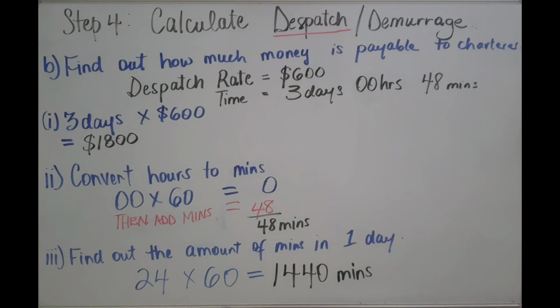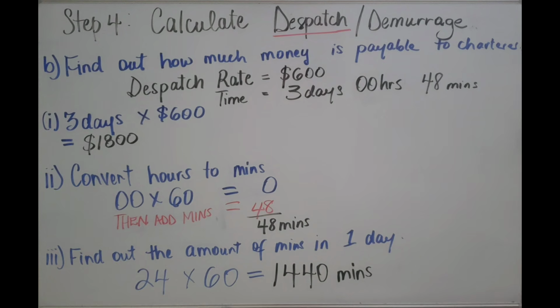So it is 0 multiplied by 60 to convert, the hours multiplied by 60. After you have done that, you add the minutes, and the total amount of minutes is what you'd use in the next section of the answer.